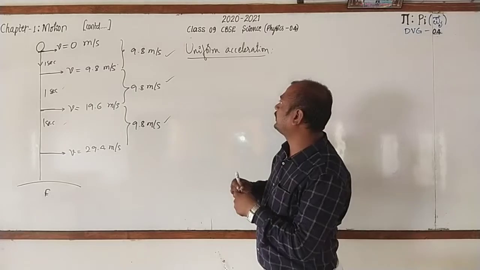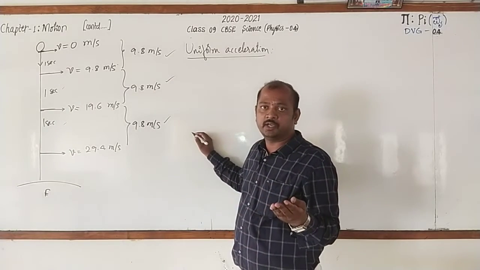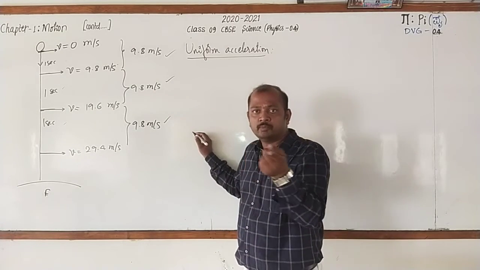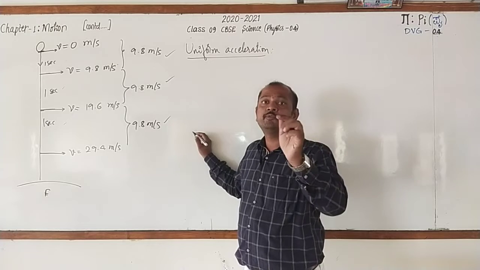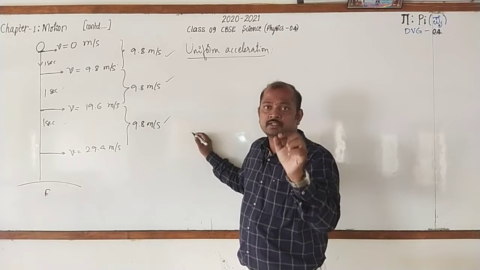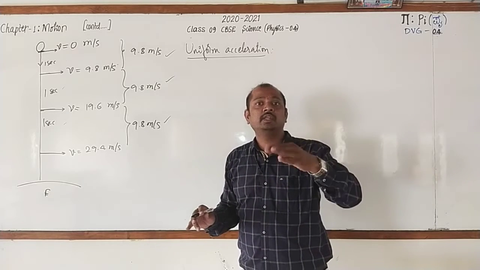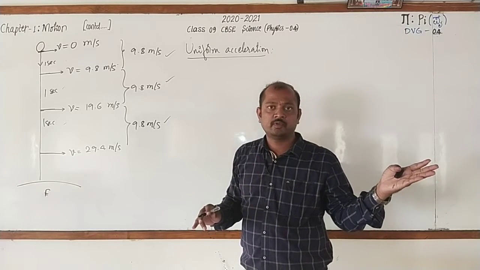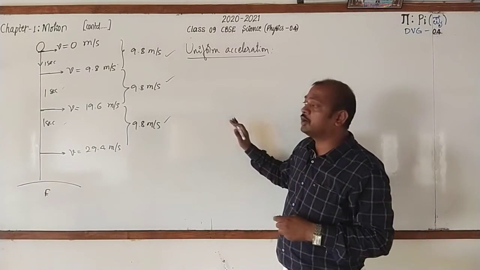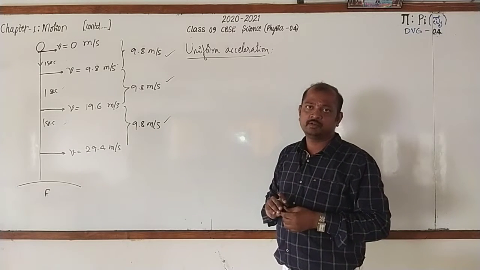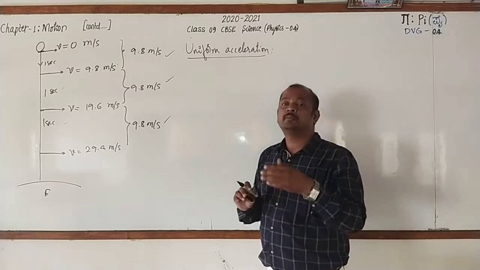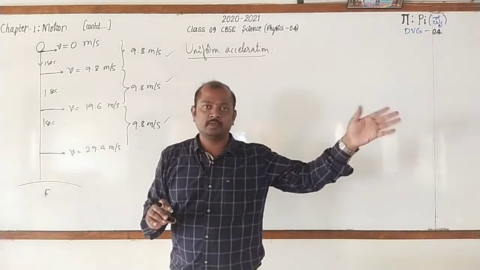Non-uniform acceleration can be defined as: when a body moves along a straight line, if it changes its velocity by unequal amounts in equal intervals of time, then it is called non-uniform acceleration. Example, again, a boy riding a bicycle in a crowded place.